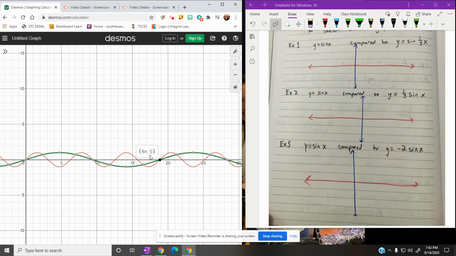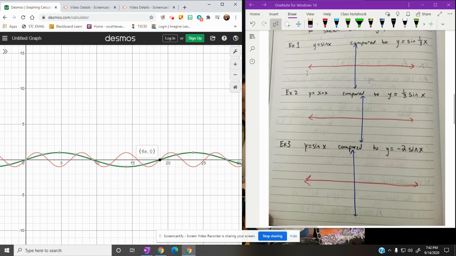There it is, 6 pi. Because we did 2 pi divided by 1/3, it's like that keep change flip. So it's 2 pi times 3. So it essentially becomes 6 pi. So our period becomes way longer, right? That's kind of what I wanted you to see.